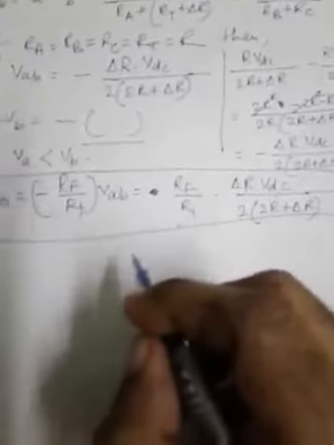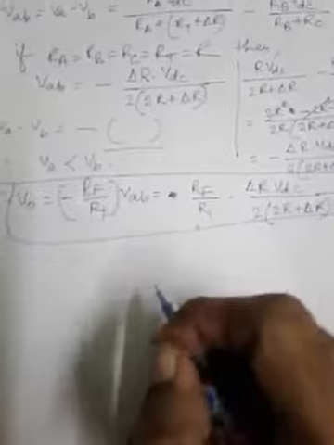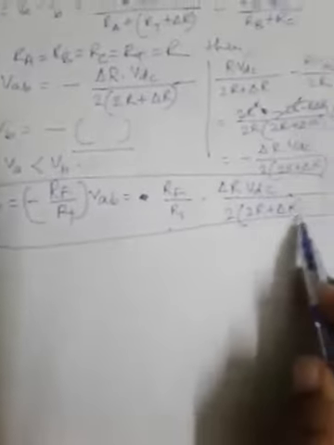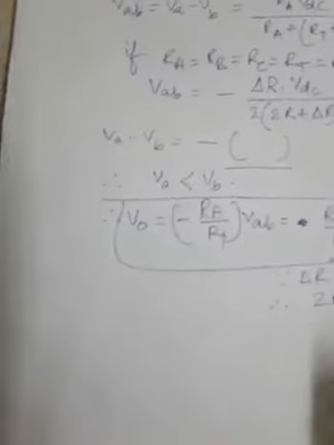Now generally the change in resistance of the transducer, delta R, is very small. Therefore we can approximate 2R plus delta R as equal to 2R. So since delta R is small, 2R plus delta R is approximately 2R.